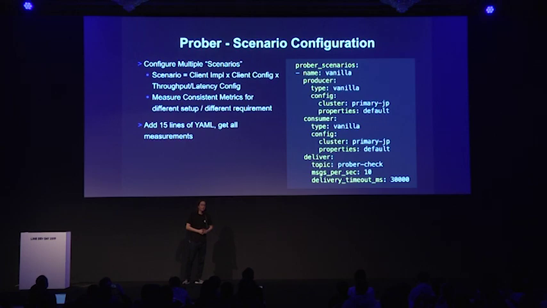One service prioritizes throughput and another prioritizes latency. But other services don't really care about throughput or latency, they only care about data loss. As you can see on the right-hand side, 15 lines of YAML should be added, and then you can have consistent measurements.